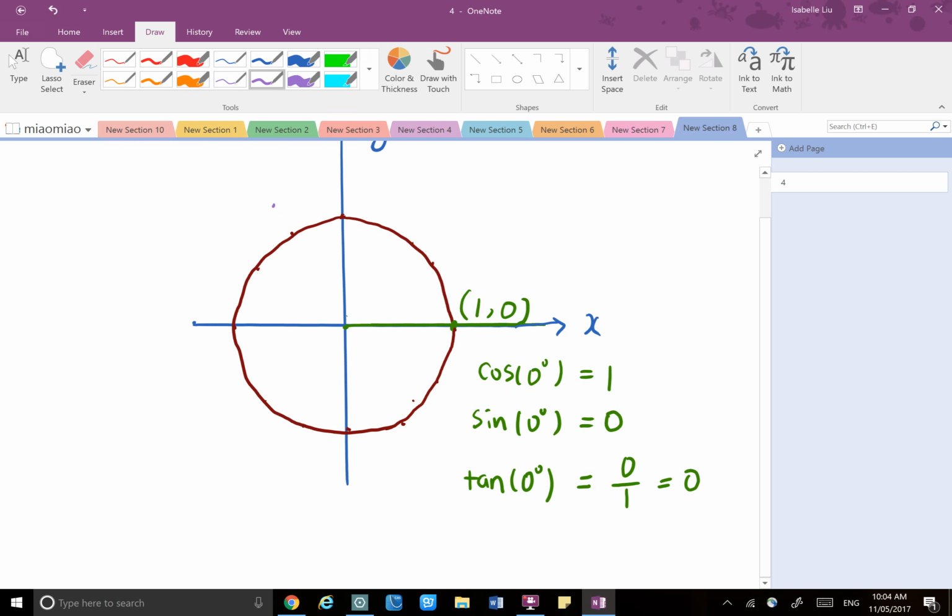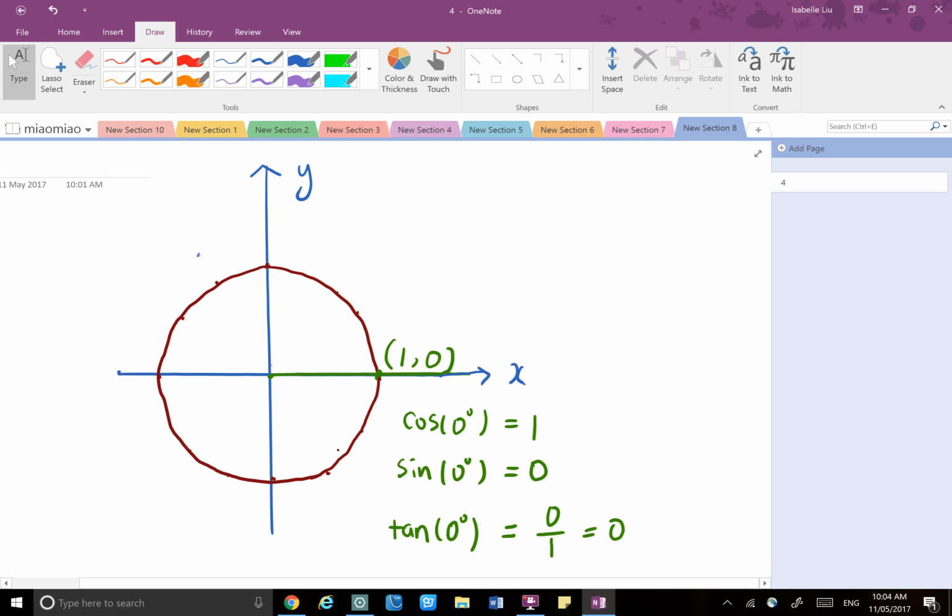I'll use a purple one. 90 degrees is just on the y-axis. That's the angle made with 90 degrees. Where is the point of intersection? The point of intersection is (0, 1).